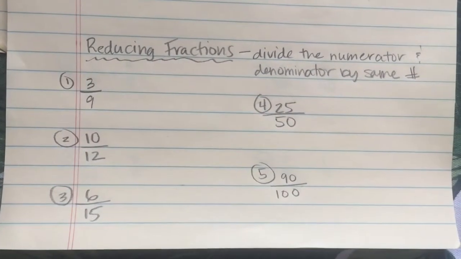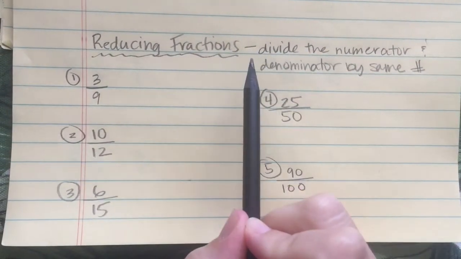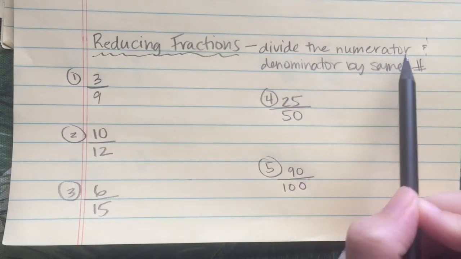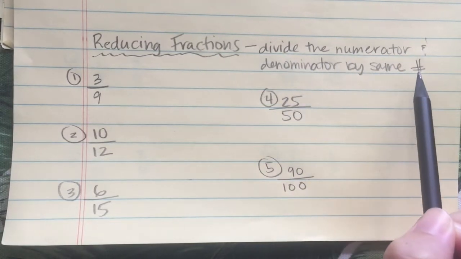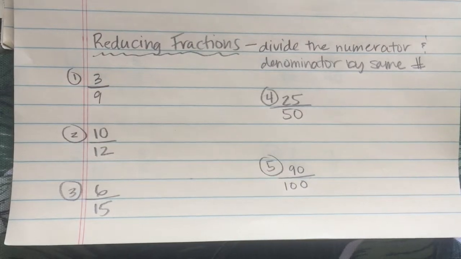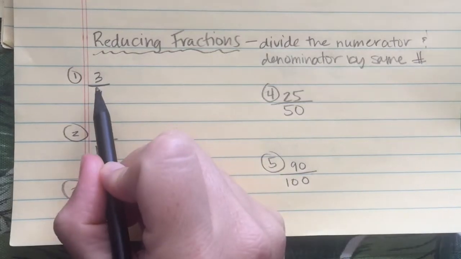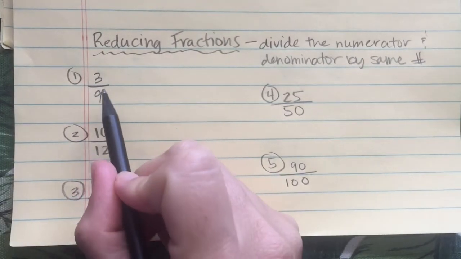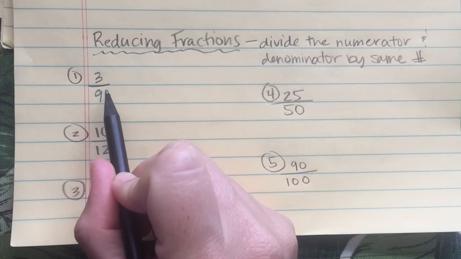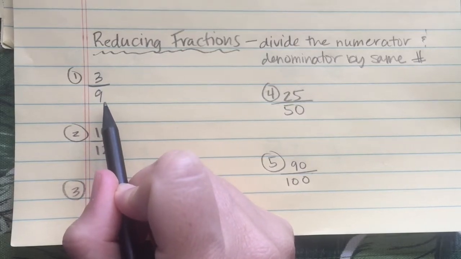When you reduce fractions, it's also called simplest terms. All we're doing is we're dividing the numerator and the denominator by the same number. We're trying to make fractions smaller because smaller numbers are easier to work with, okay? So, for example, 3/9. What we are doing is we are looking for a number that both 3 and 9 can be divisible by.